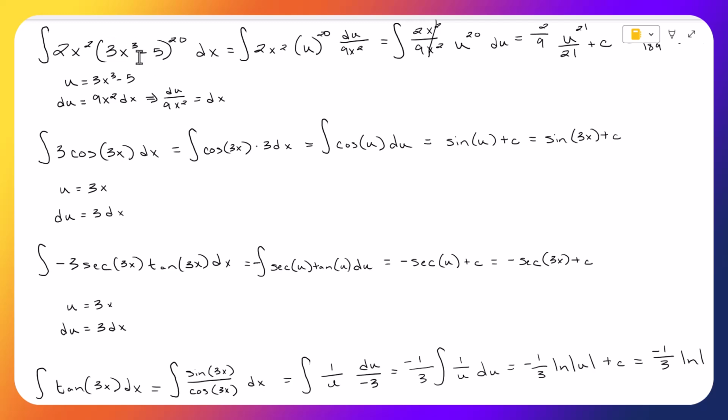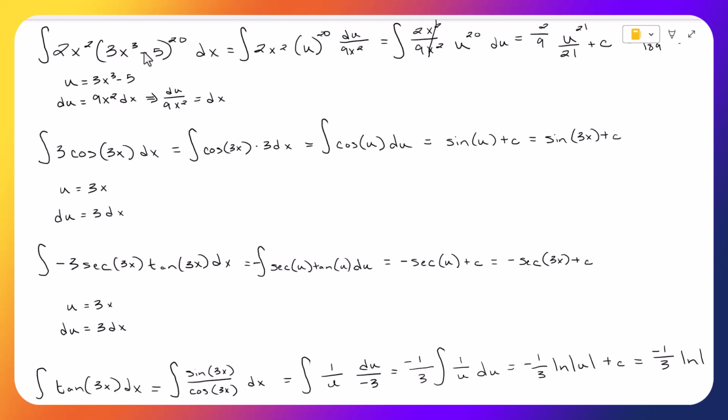So let me reframe that, and then I'll let you pause and think about what it's going to be. We have our inside function, our function, the derivative of our function, with our inside times the derivative of our inside function. So we have the derivative of our outside function times the derivative of our inside function.